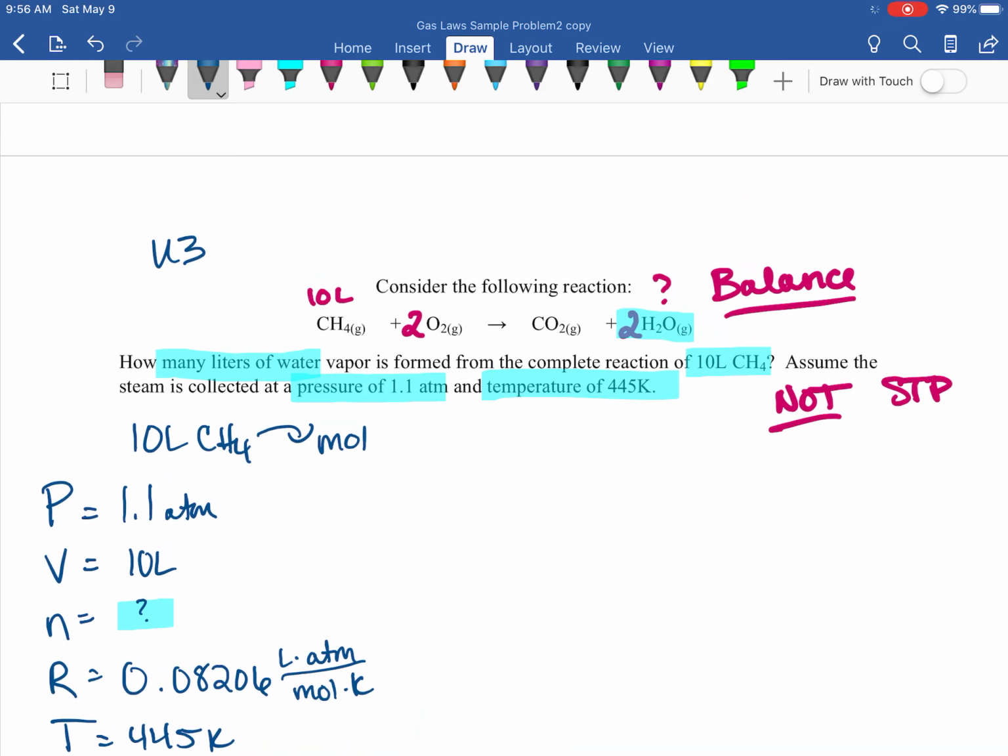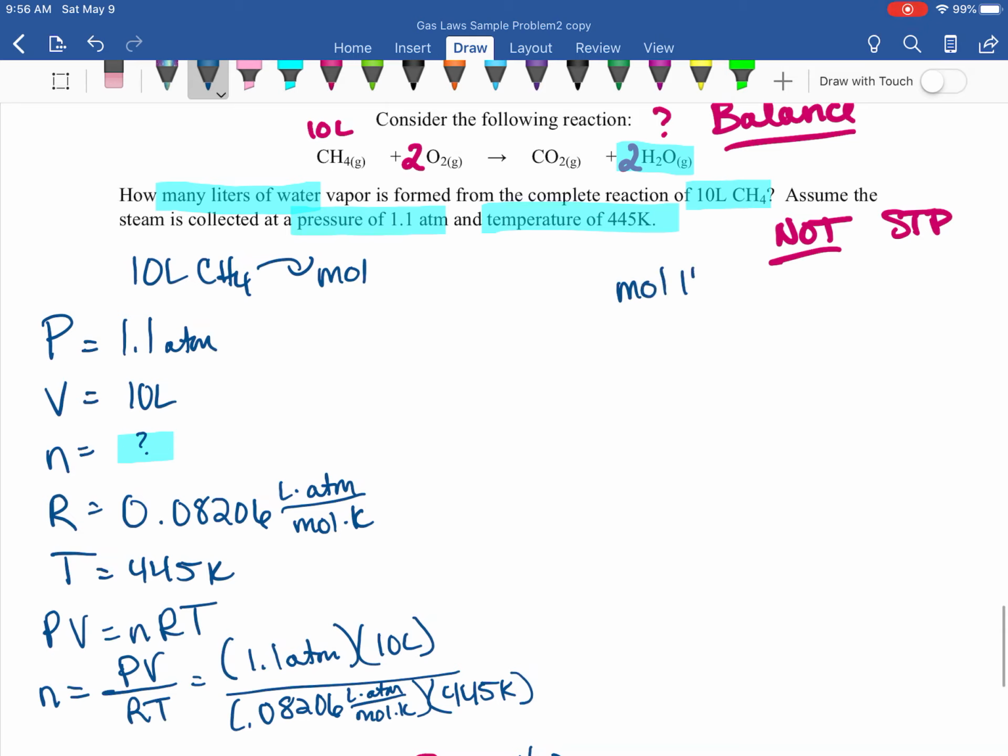So now can I just multiply by 18, the molecular weight? I've got my moles. Let's write it up here. We've got our moles of water. And now we need to go to, oh, son of a motherless goat, liters, not grams. So how do we convert moles to liters?